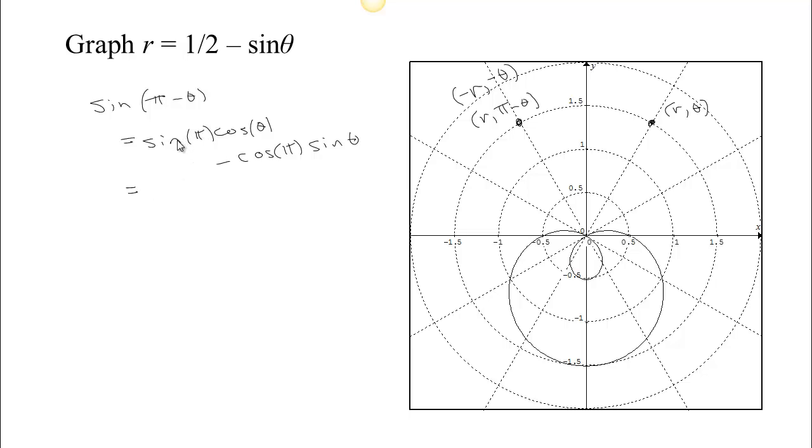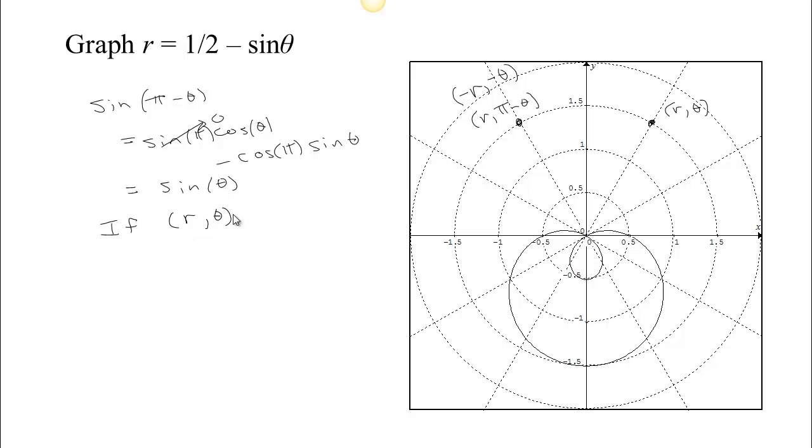The sine of pi is 0, so this is 0. The cosine of pi is -1, so we have negative sine theta, minus that, so that's equal to sine theta. That means whether or not you give this function the angle theta or pi minus theta, this function can't tell the difference.